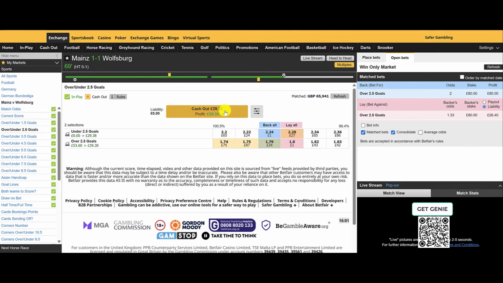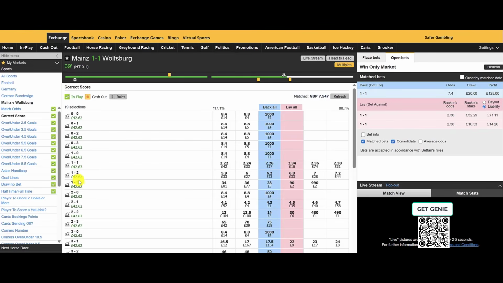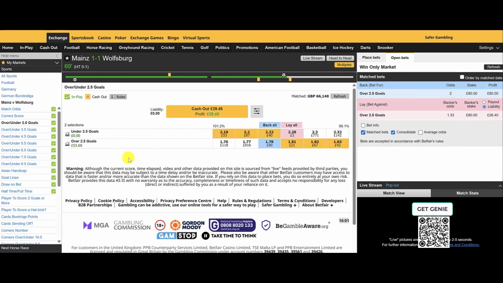We could just take the £30, but obviously another goal would be a bigger profit, 53 compared to 29. So we can let it run, and we will know we're definitely at least going to make £42. We could increase it to making a £95 profit overall. So it's one of those great trading situations where we know we're going to make a profit. It's just a matter of how much. Mainz 1, Wolfsburg 1, 69 minutes.